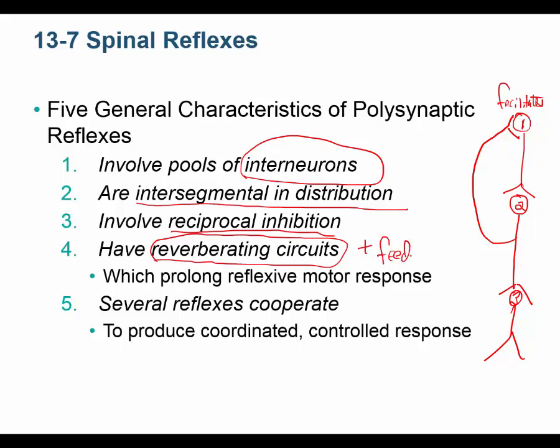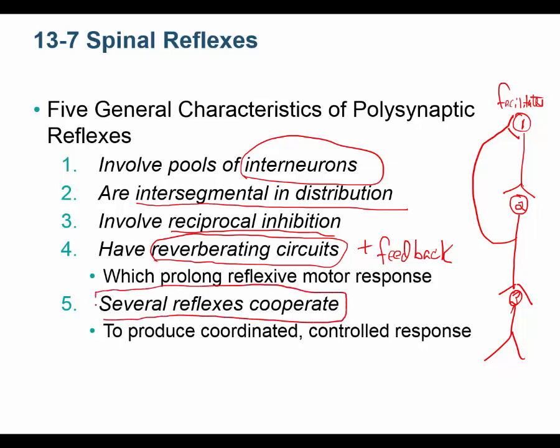And what this does is prolong the reflex. It's a positive feedback reverberating circuit, and it prolongs the reflexive motor response. And quite often, with these polysynaptics, several reflexes cooperate.